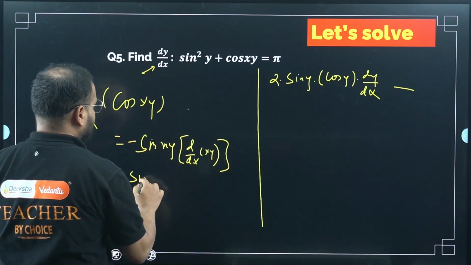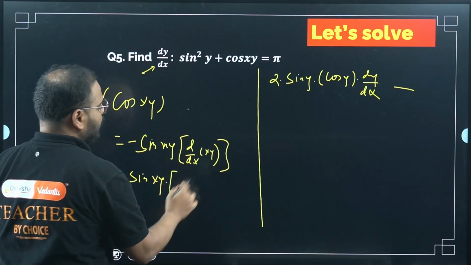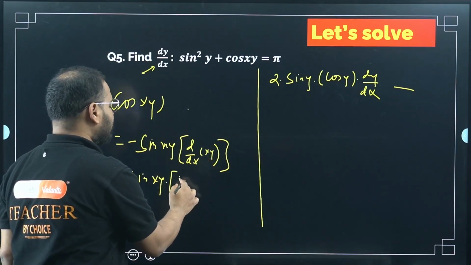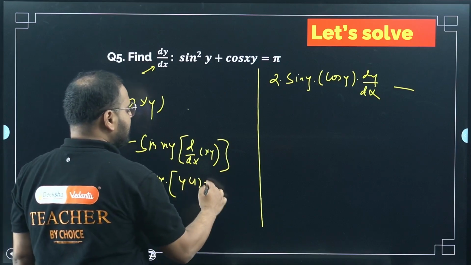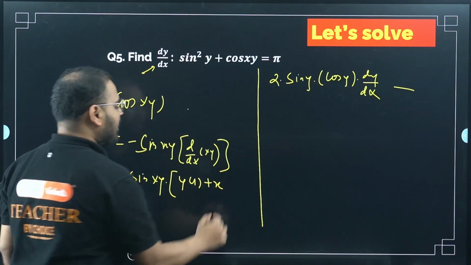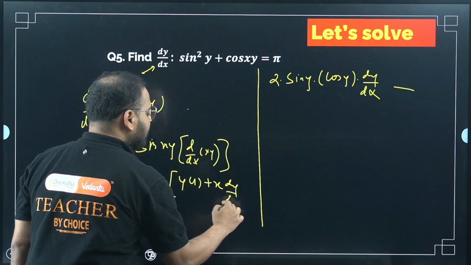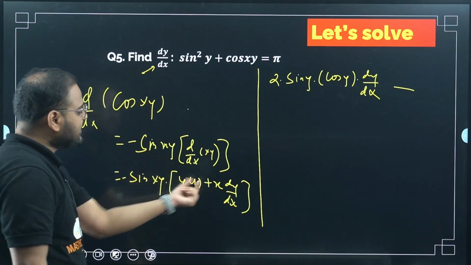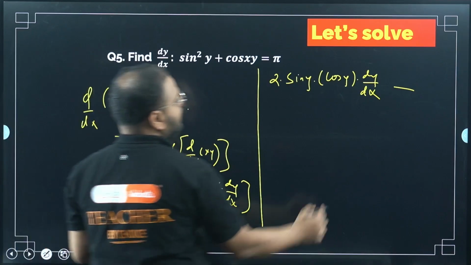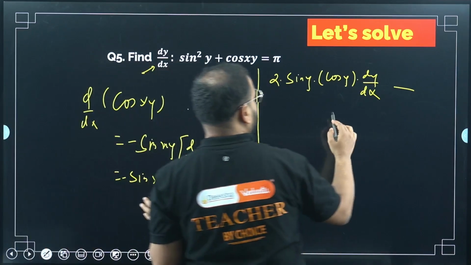So minus sine xy. Then what are we going to do? Do for x. So I'll leave just y as it is and do for x. So for that x will be 1, and then I'll leave x as it is and do for y. For y I'll have dy by dx, right? So this is my answer. Y plus x dy by dx.